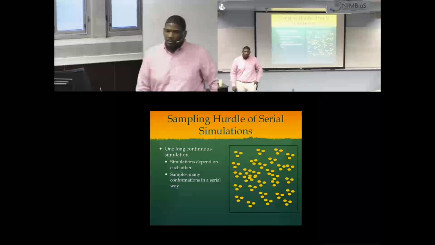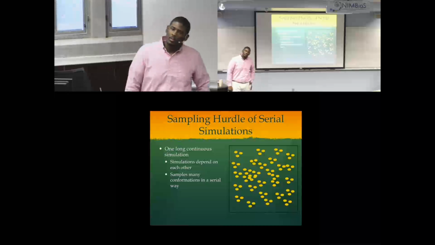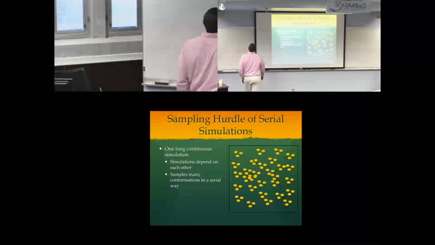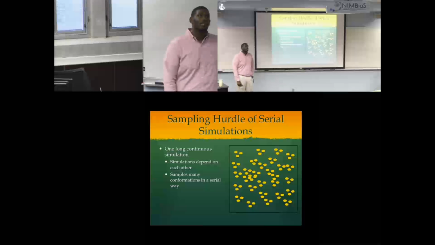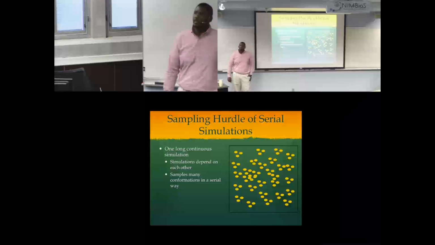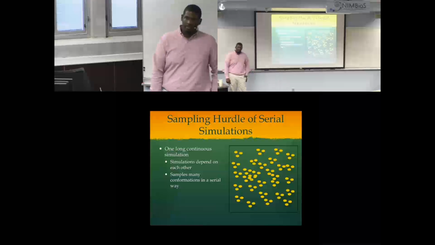Say it again? What's the origin of stochasticity? What you showed looked like deterministic equations. The randomness, where's the randomness coming from? If you run a simulation, you would think if you start with the same seed, you will get the same answer.